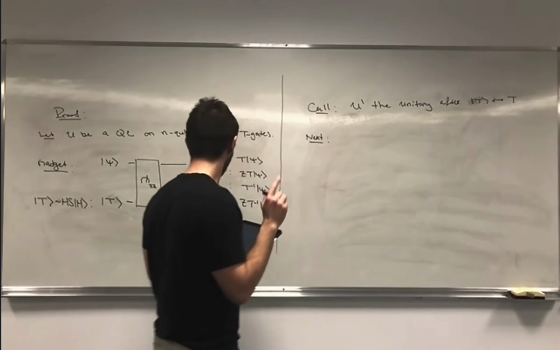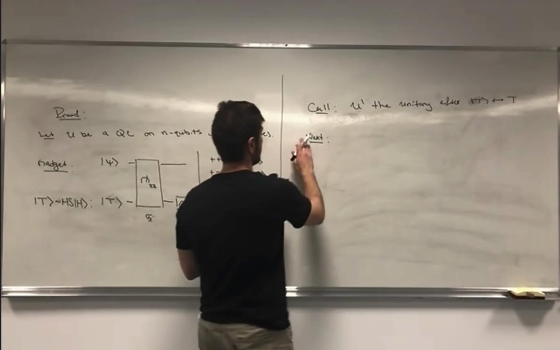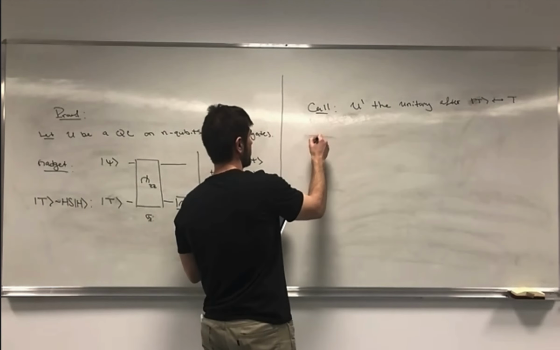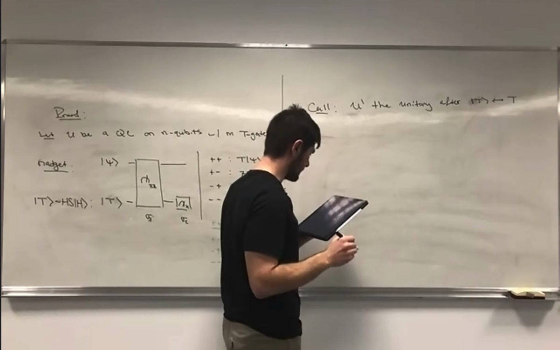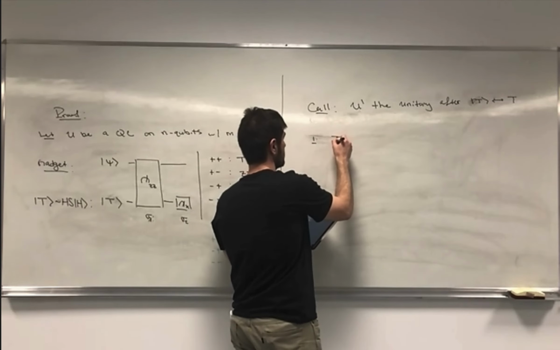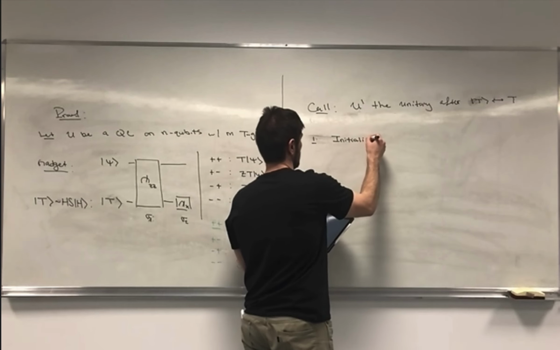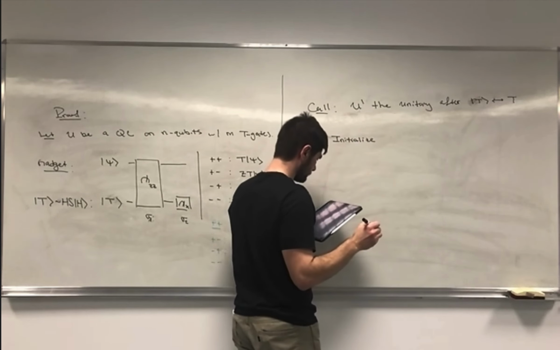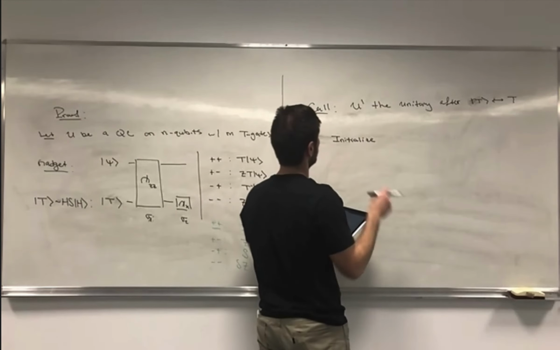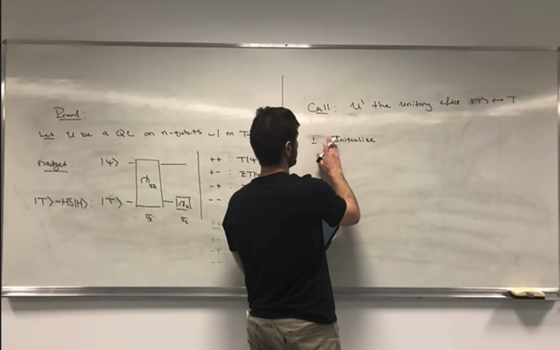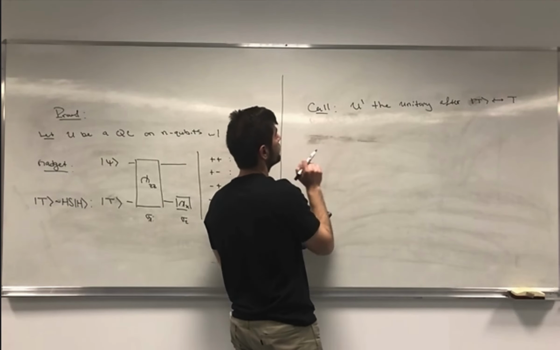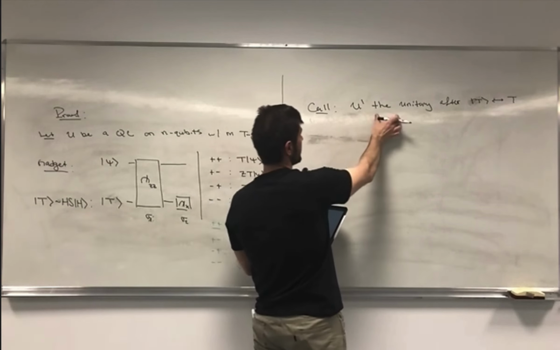No, I did not say this. Sorry. So in the first step, let me just write this. I forgot to say this. We initialize. So this unitary is acting on what?